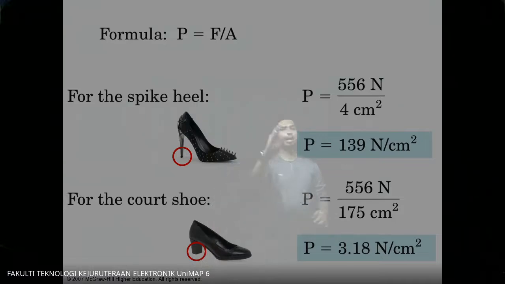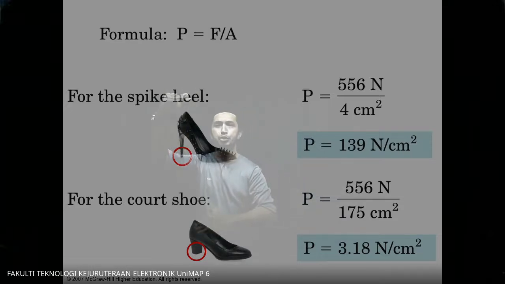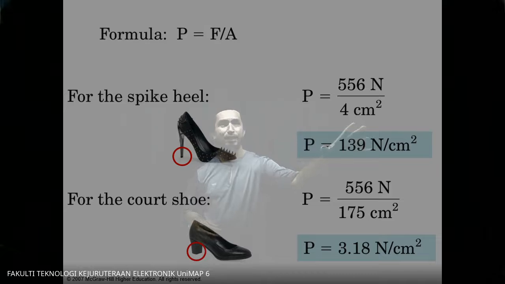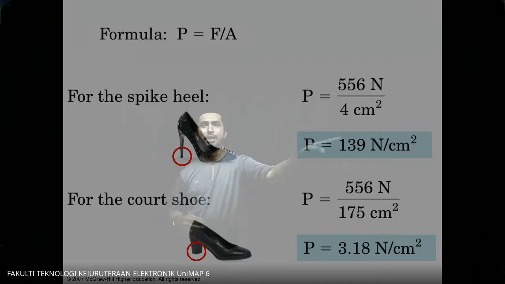So which one will hurt more if we try both shoe? So the answer is spike heel. Why? Yes, bagus Umil Natasha. Why? Sebab pressure dia 139. Tapi untuk court shoe, pressure only 3.18. So this is proven from the equations.